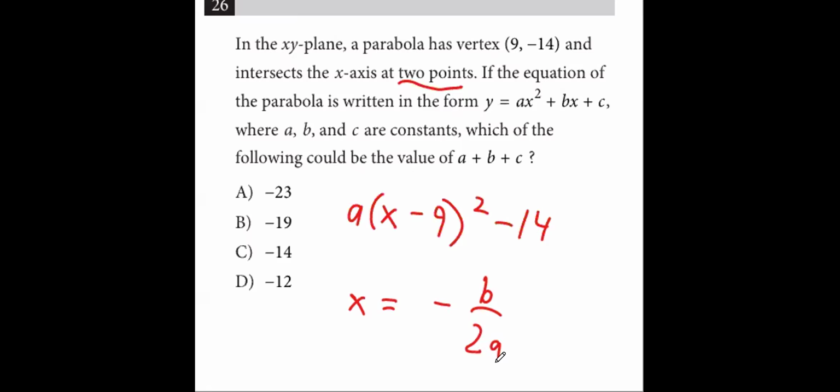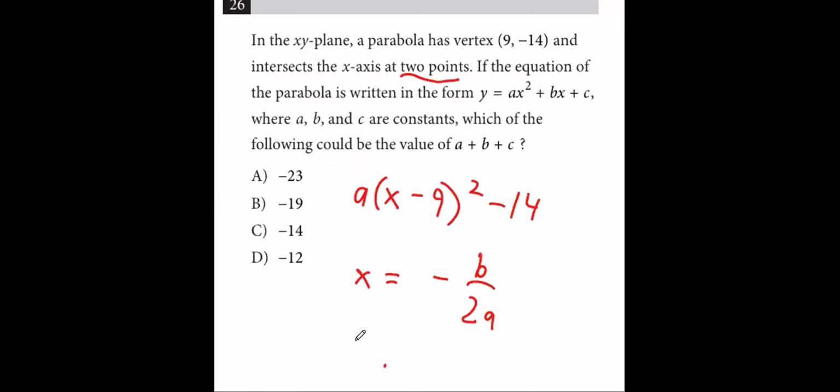We also know that the y coordinate is at the minimum if a is greater than 0, or maximum if a is less than 0. With the vertex at (9, negative 14), we can plug in to get negative b over 2a is equal to 9, which gives us b is equal to negative 18a.